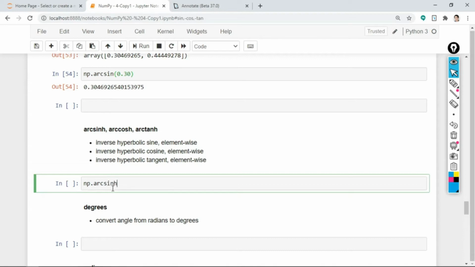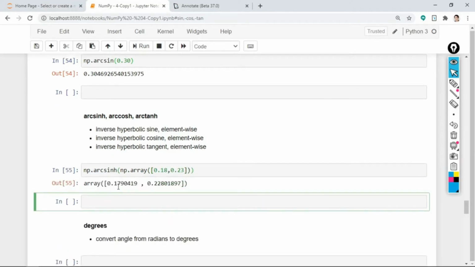If you need the hyperbolic cosine and hyperbolic tangent functions, you execute those, but for this example we will use only the sine. We have 0.18 and 0.23. Again, alt enter. These are in radians.